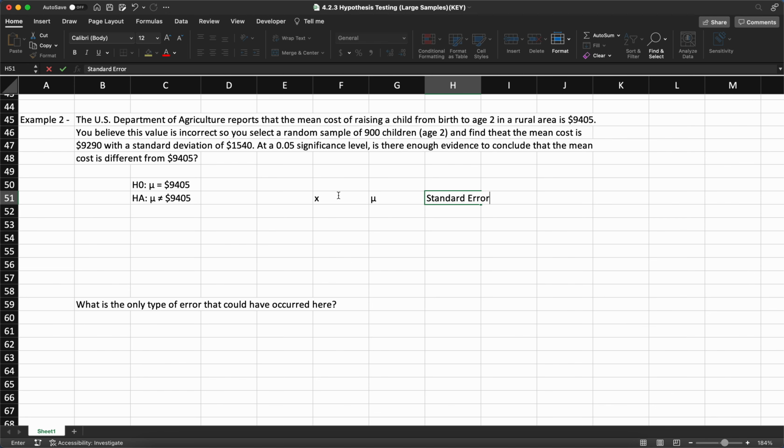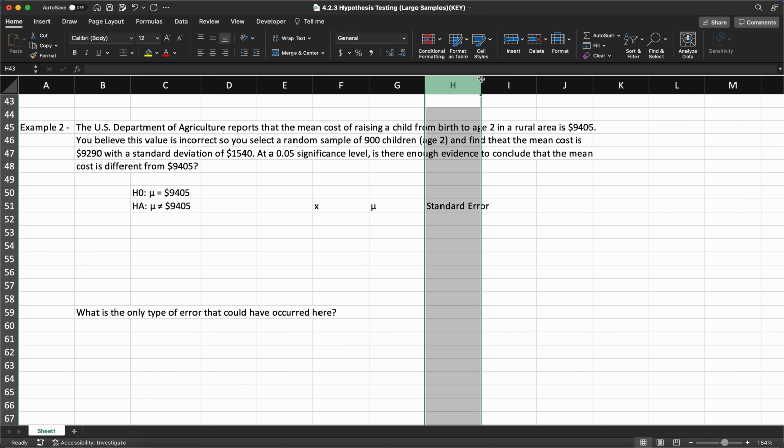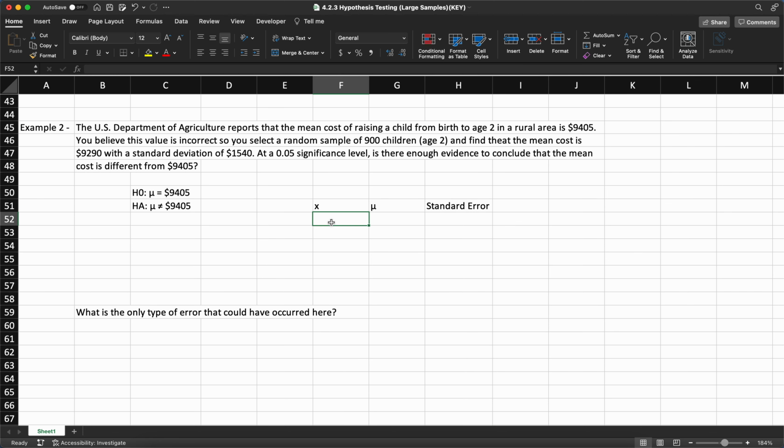And again, this just becomes a regular problem from the last unit. We're trying to find the probability that x is less than or greater than a certain amount. That's all we're trying to do.